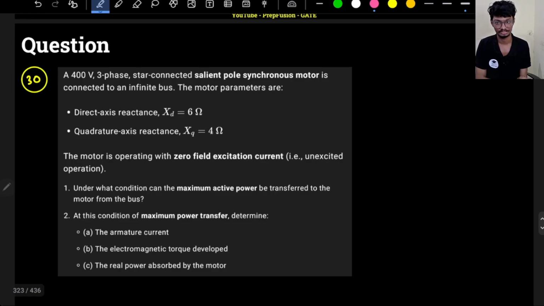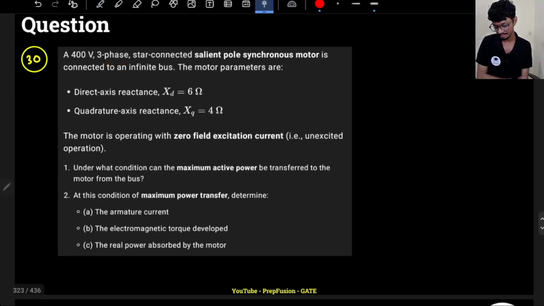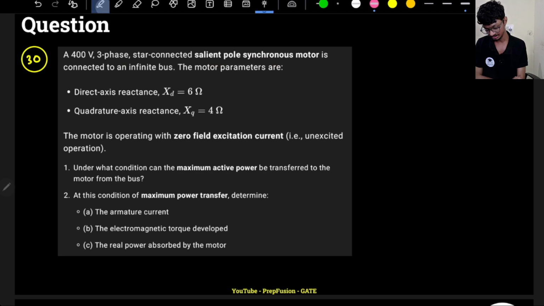Let's now move on to the next question. A 400 volt 3-phase star connected salient pole synchronous machine. So Vt is equal to 400 volt.